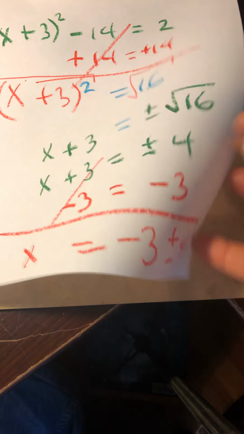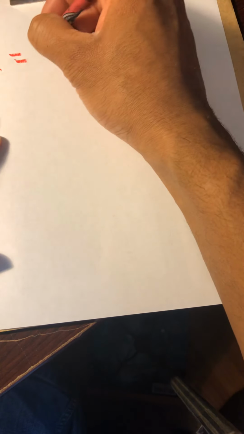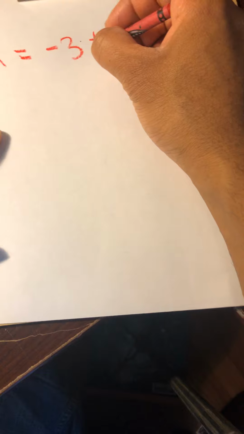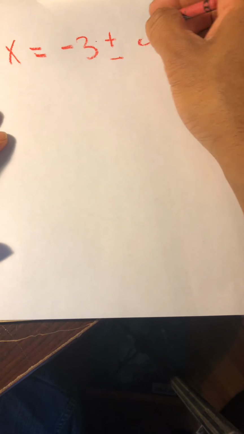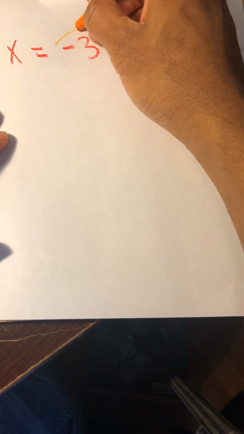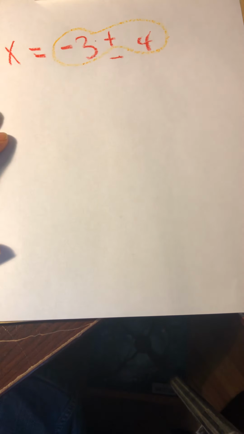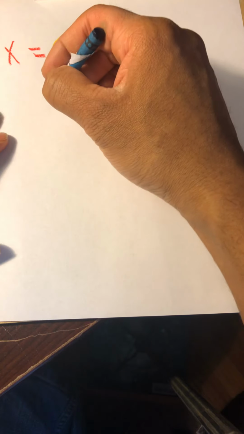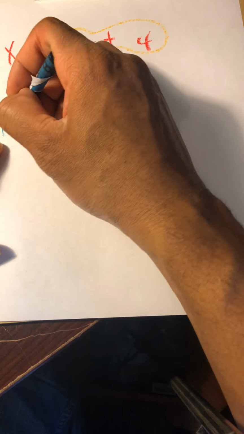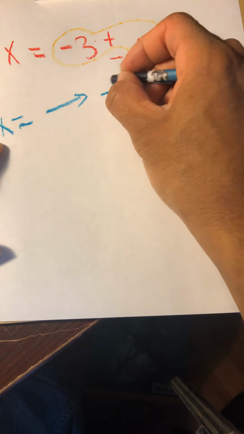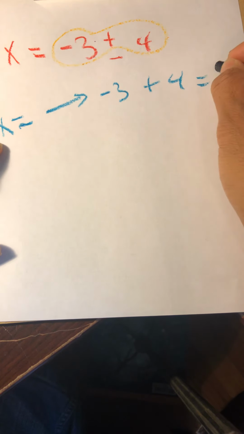What does that mean? We had x is equal to minus 3 plus or minus 4, and that means two things. On the one hand, x is equal to minus 3 plus 4, which is equal to 1.